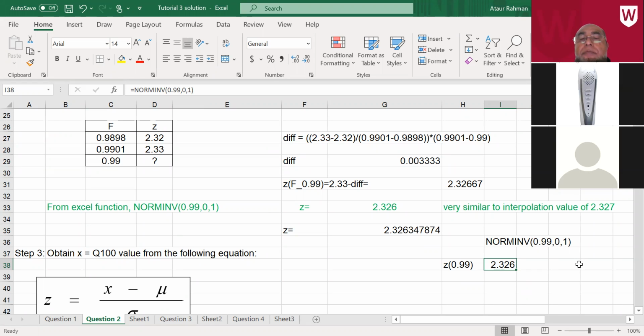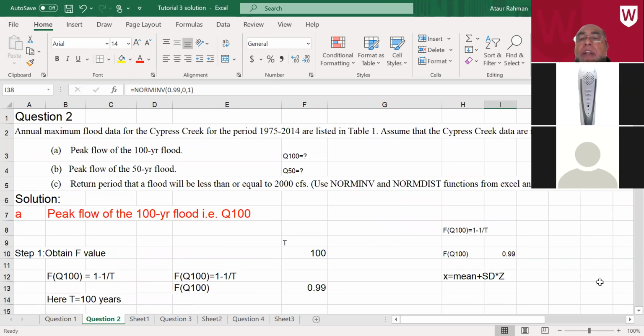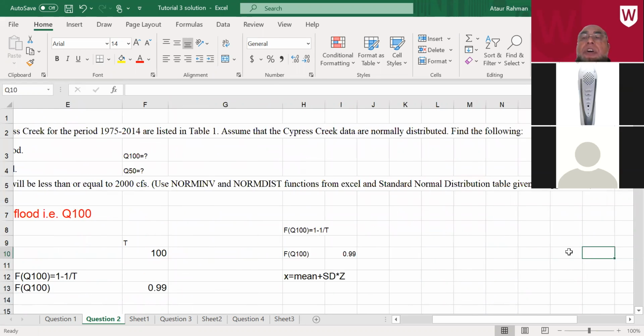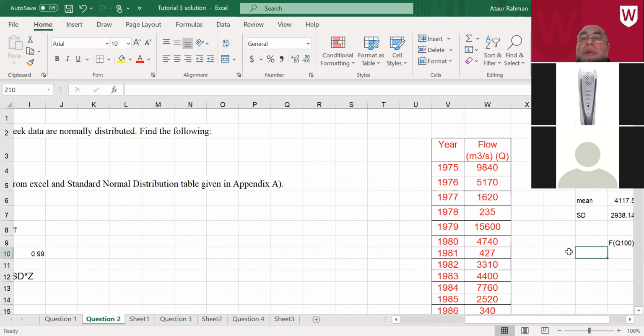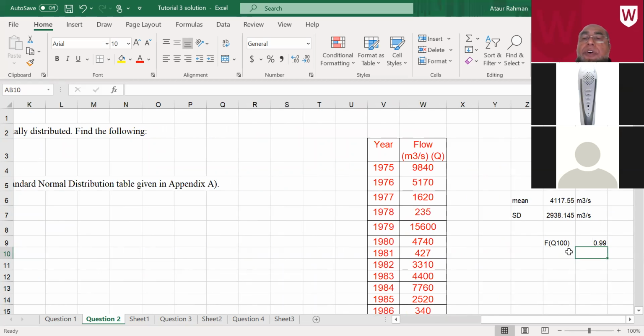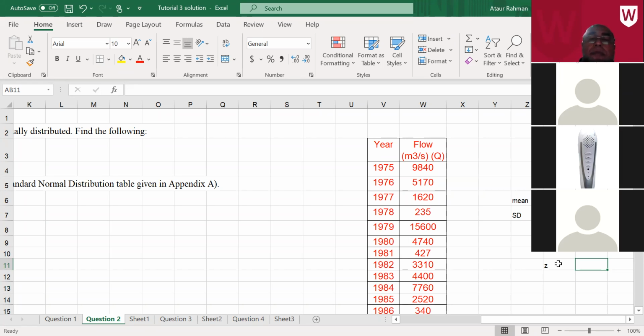Oh, okay, gotcha. So once you have that Z value, we can find our 100-year flow estimation easily from the data that we are using. So what is the Z value we got? 2.32667, about 2.326.